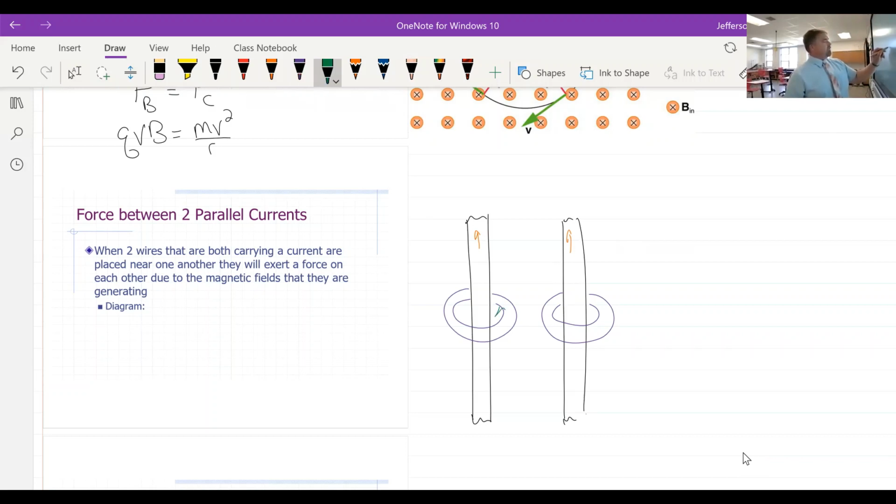Here the magnetic field is going counterclockwise. Here the magnetic field is going counterclockwise. And if you look at this middle section, the created magnetic fields are opposite. So this will cause an attractive force between the two wires. So my current carrying wires who are generating their own magnetic field will cause the two things to attract together.